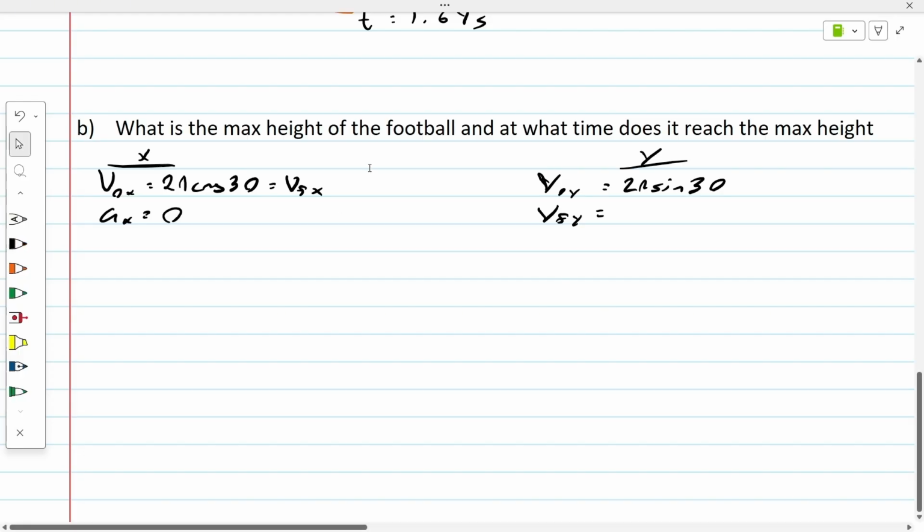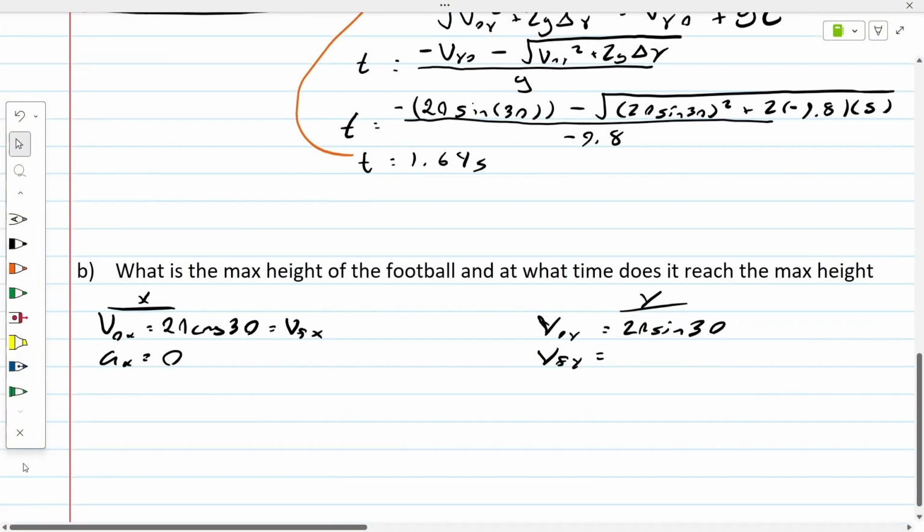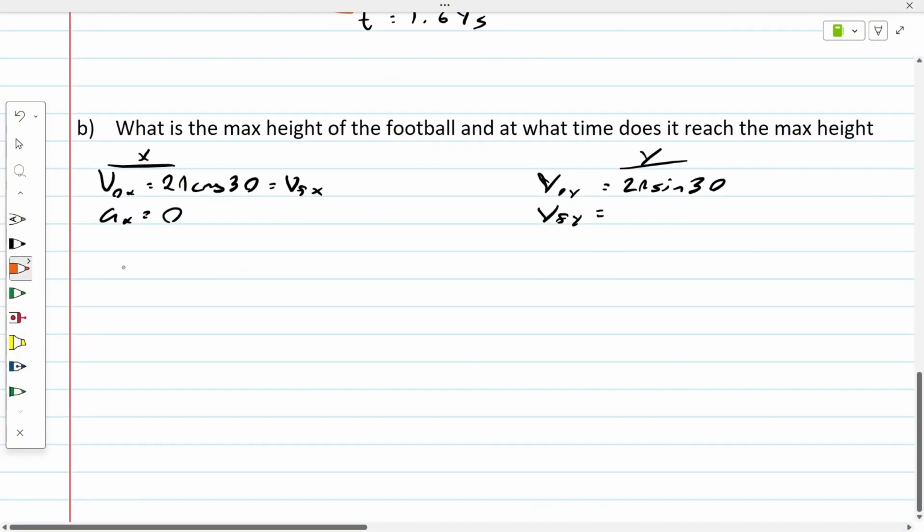If we think about this, when the football is at the max height, the acceleration is pulling down on it. It's going up, up, up until it reaches the max, and then it starts coming back down. So at this instant of the max height, there is no velocity going up or down for that split second. So we can say that the velocity final is equal to 0.